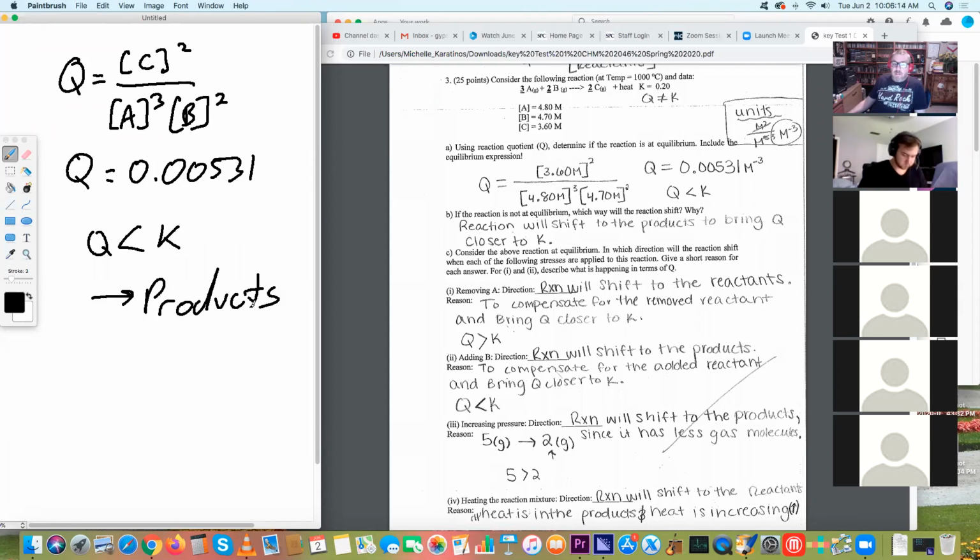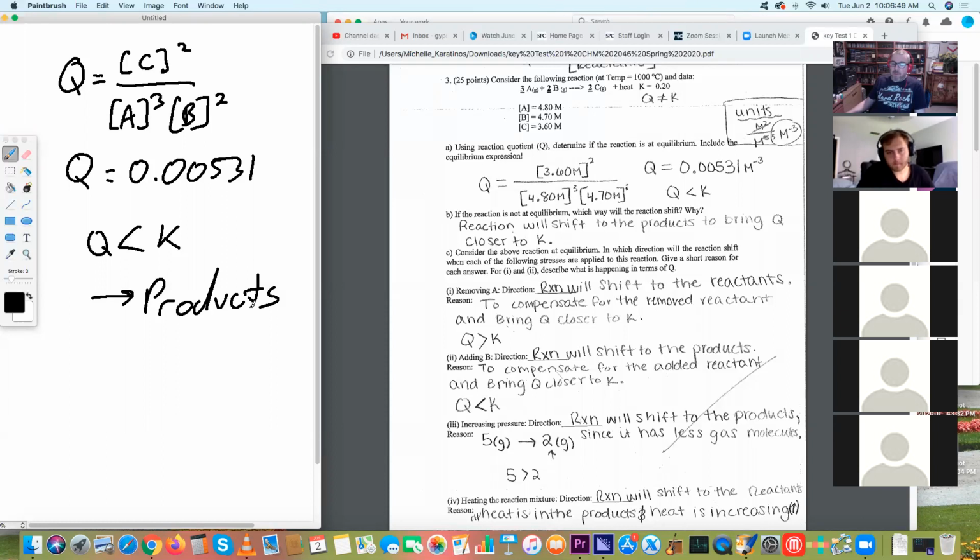Let's see. The next part, C, it's important to note the first part of that question. It says, consider the above reaction at equilibrium. So now we're not talking about the situation in A and B anymore. We're talking about the reaction at equilibrium, which means that anything we do to it is going to create a disturbance in that reaction. The reaction will possibly be taken out of equilibrium by doing any of these four things, in which case the reaction is going to want to get back to equilibrium.